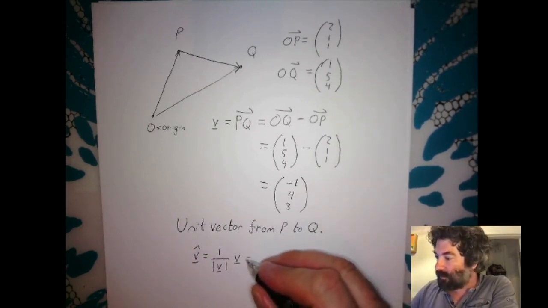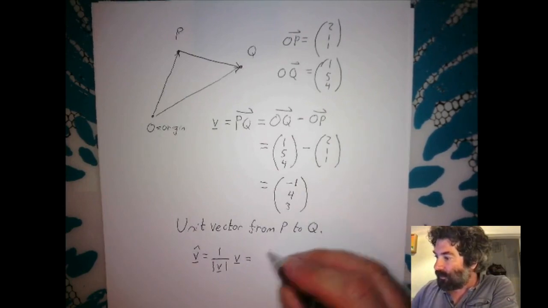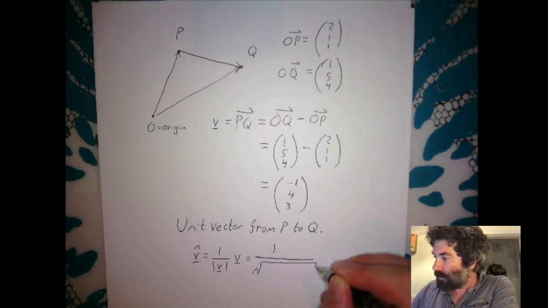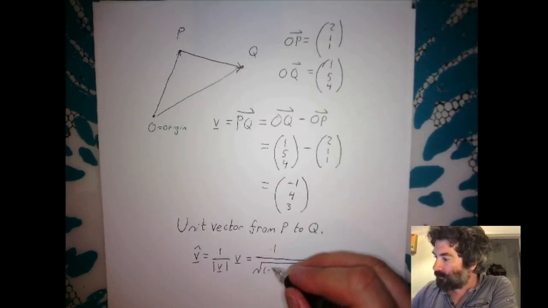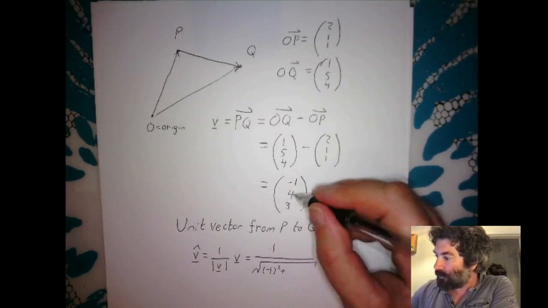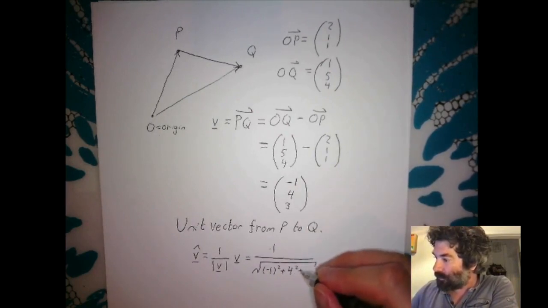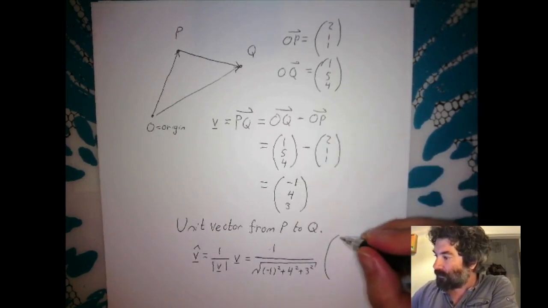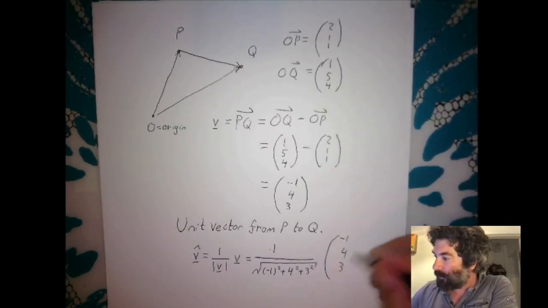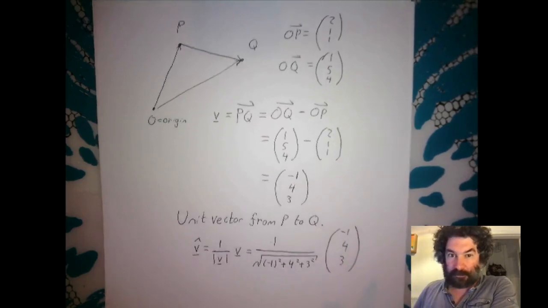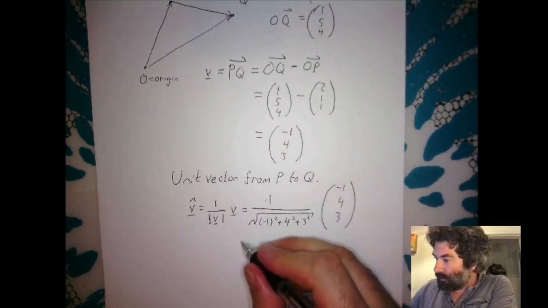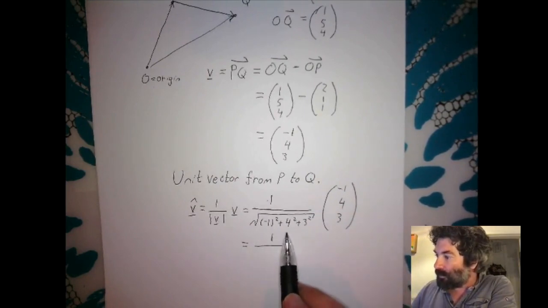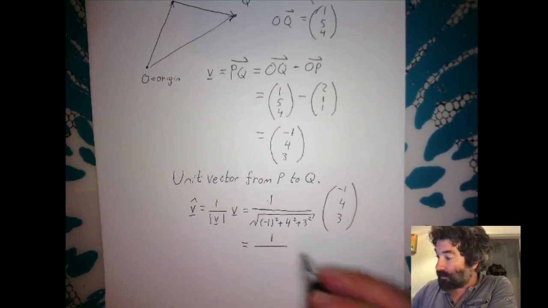So I need to calculate the magnitude of V, and this is 1 divided by the square root of -1 squared plus 4 squared plus 3 squared, times V, which was -1, 4, 3. All right, so let's work out what this is. 1 plus 16 plus 9 is 26.